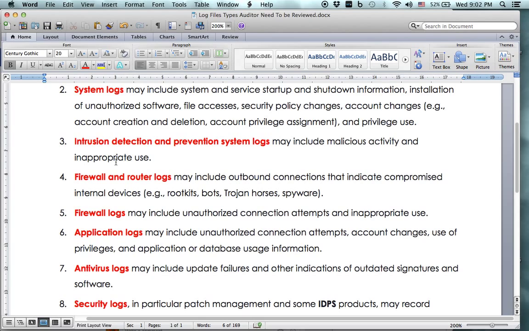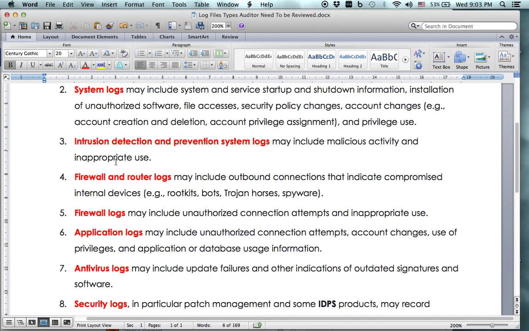And number 4 and number 5 are just similar, but number 4 focuses on indicating system compromise for internal devices like a rootkit, botnet, Trojan horse, spyware, or malicious code activity that focuses on the outbound connection for the firewall rule. So the firewall and router log will address whatever involves outbound connectivity with the internal device.